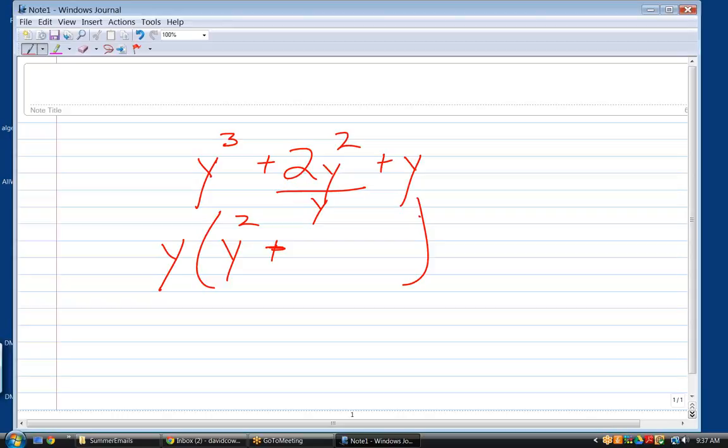Makes it a 1? No, I can divide the y squared by y, and that turns into y, but I still have the 2. In other words, my answer is that. And to understand why that's the answer, multiply them back together again, and you get this. That's what has to be true. In your head, every time you do something like this, at each step of the way, make sure that you haven't changed it.